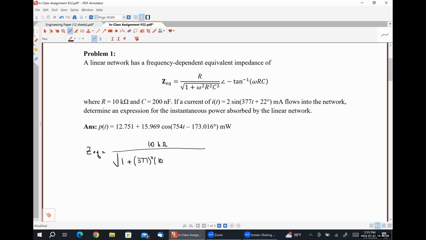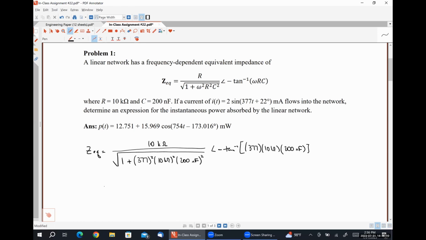Times R, so 10 kiloohms squared times C, 200 nanofarads squared, with an angle of the inverse tangent of 377 times 10 kiloohms times 200 nanofarads. All right.